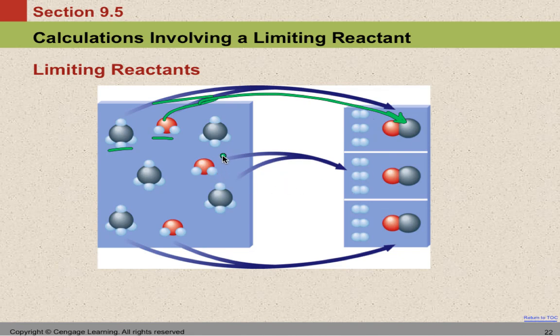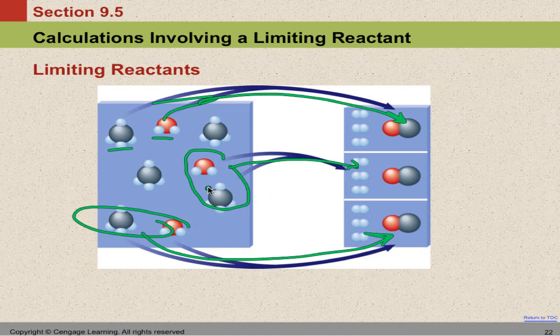Okay, and then these two go to form those products, these two go to form those products. But if you notice, these 2 methane molecules don't have any water to react with.